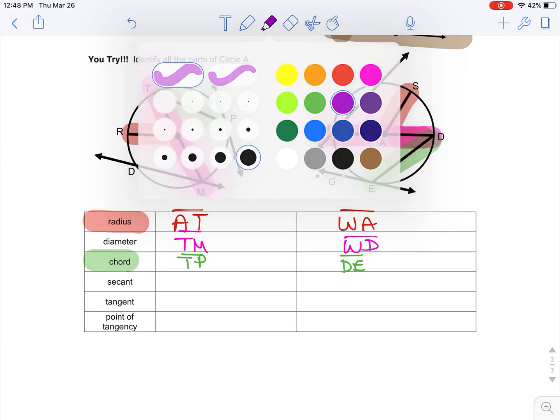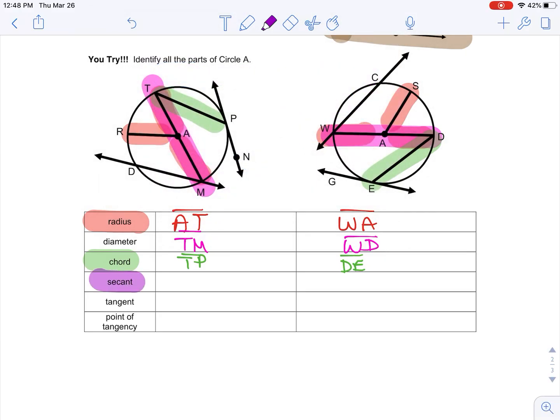Trying to go quick here. Okay. Secant goes through the circle, touches in 2 spots, and carries on its way. So those would be like DM with a line symbol above it, or WC with a line symbol above it.